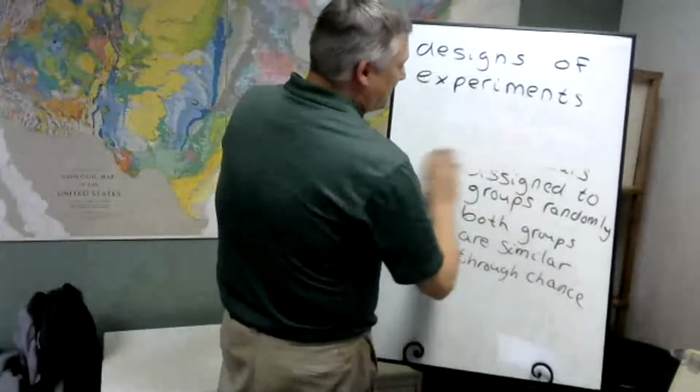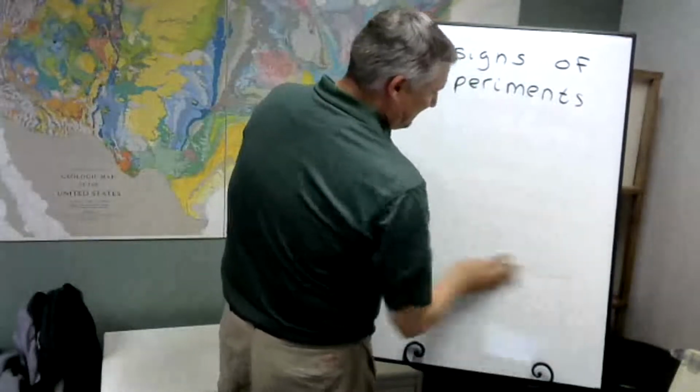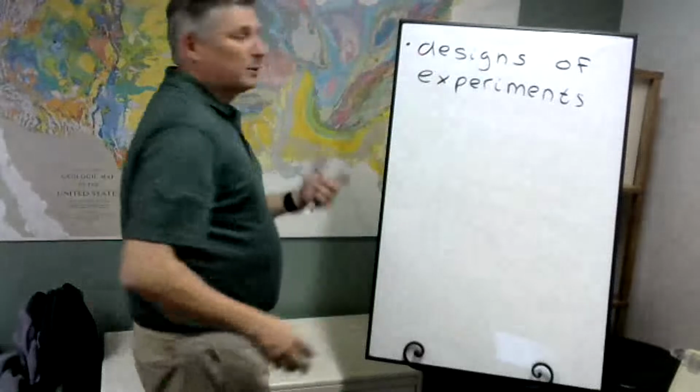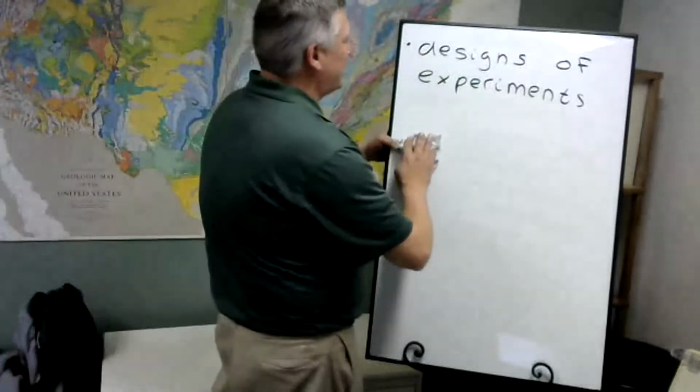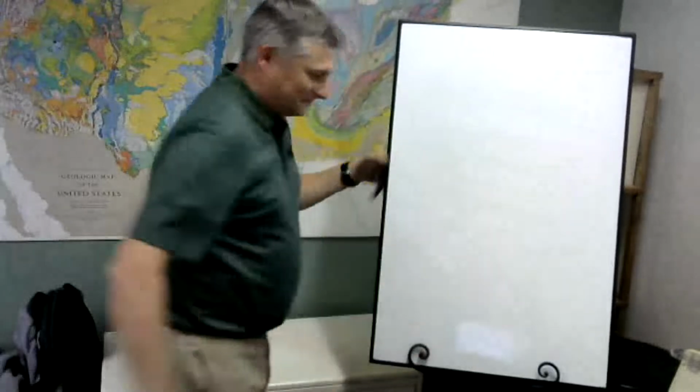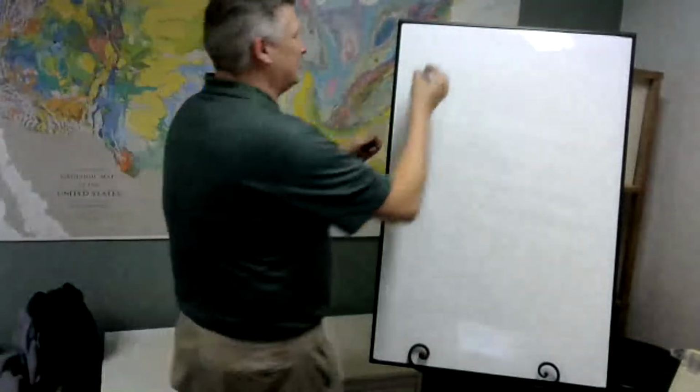Now, we talked about a gold standard. And ultimately, where we're going with this is something called the simple random sample. And you're going to hear this a lot.